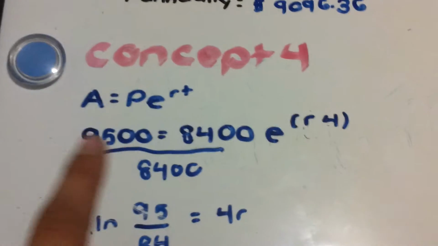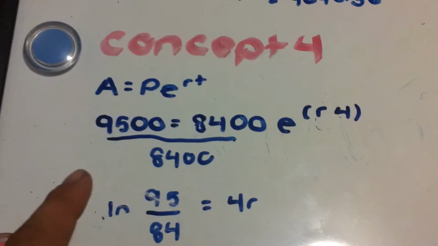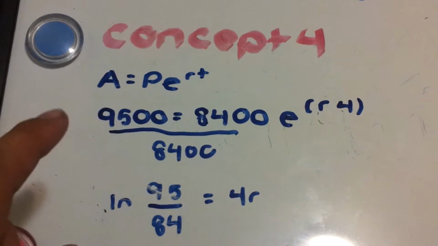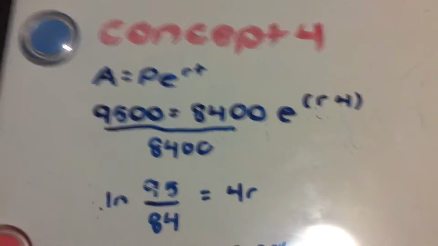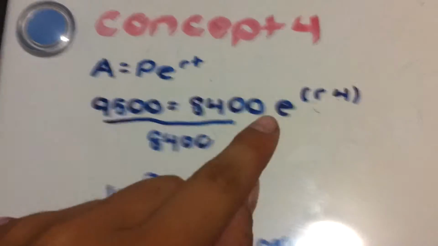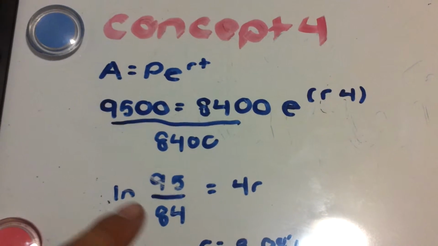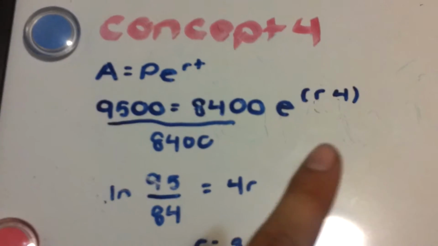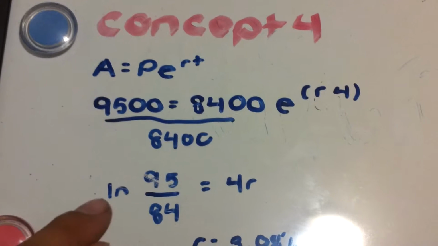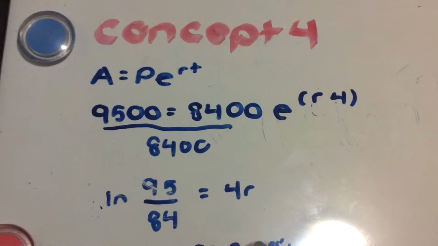So to solve this, you would first divide both sides by 8,400, and then you would natural log both sides. This would reduce to 95 over 84, and the natural log cancels with the e, so it would be ln of 95 over 84 equals 4r.